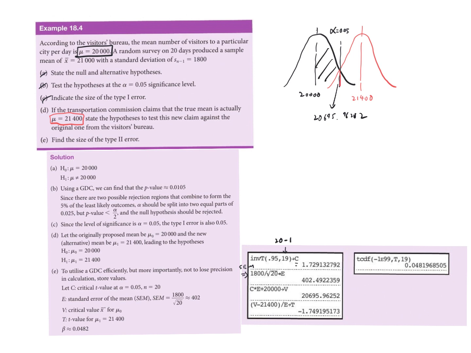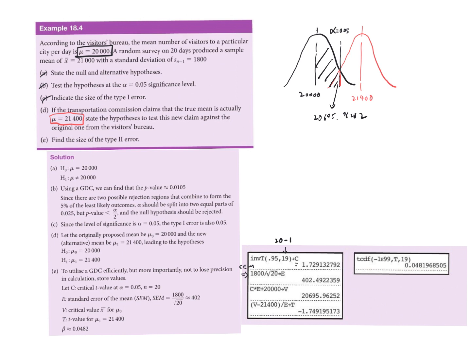For this region, we are trying to accept the null hypothesis, which means we think the claimed mean of 20,000 is true. But a type 2 error states that although we accept the null hypothesis, in fact it is not really true, because the actual mean is 21400.